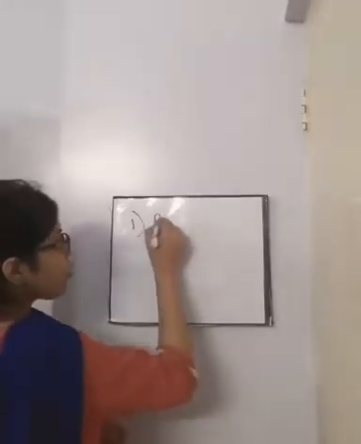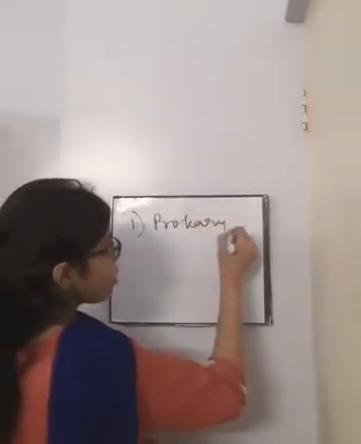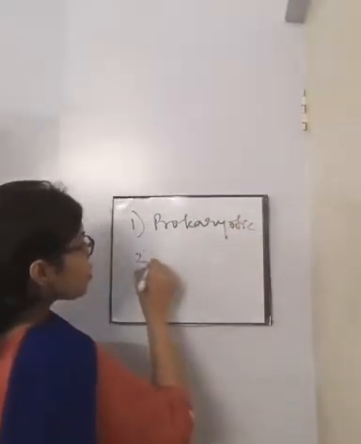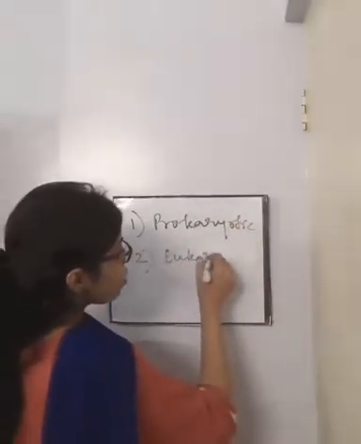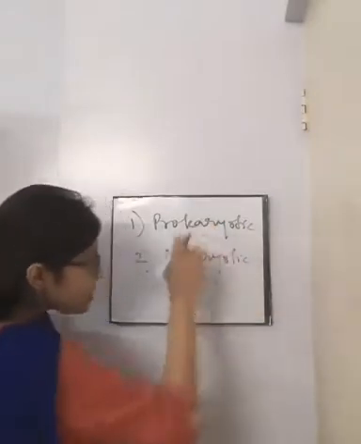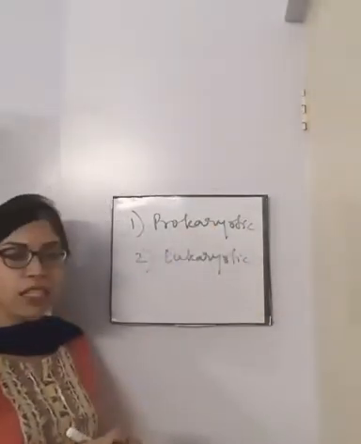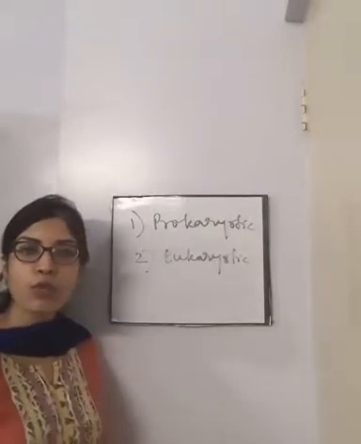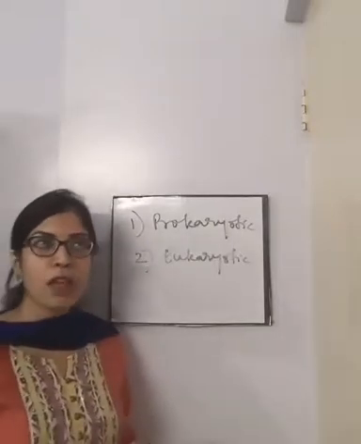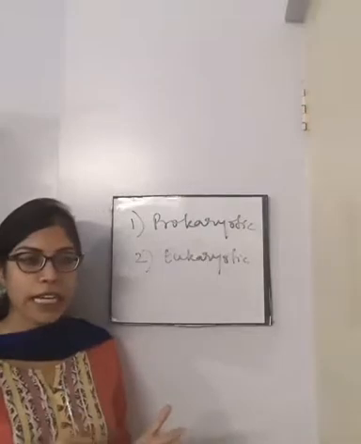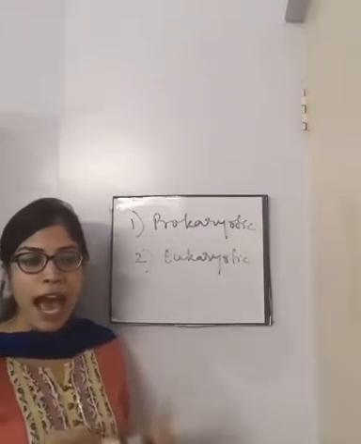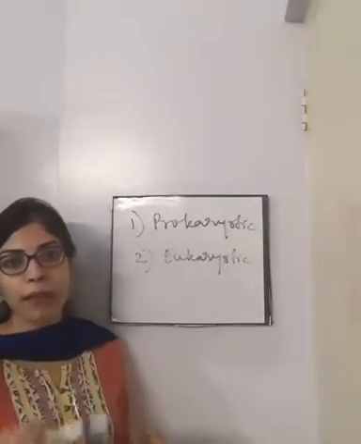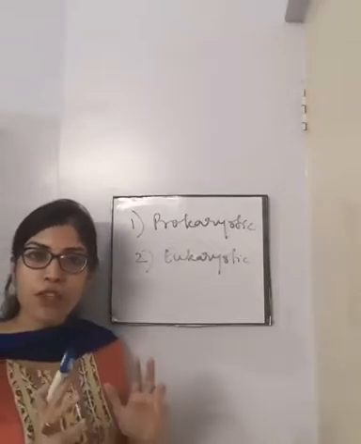One is the prokaryotic cell and number two is the eukaryotic cell. This category is based on the presence of a true nucleus. Now what is a true nucleus? A nucleus should contain a nucleolus and it should be bound by a nuclear membrane. Only then does it become a true nucleus.